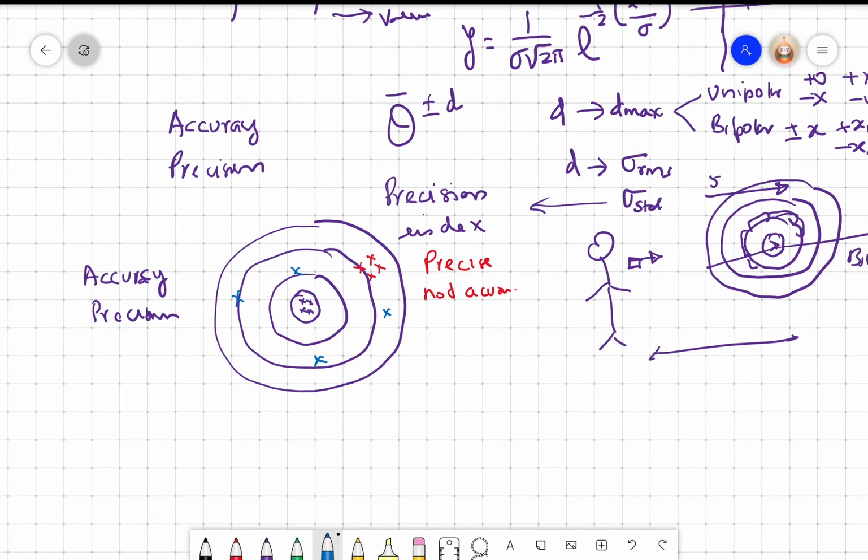So this person is neither accurate nor precise, right? So precision tells us how repeatable the measurement was, and accuracy tells us how close was the measurement to the true value, right?